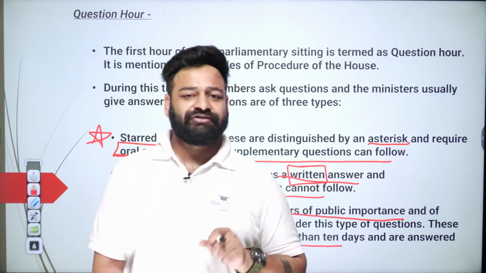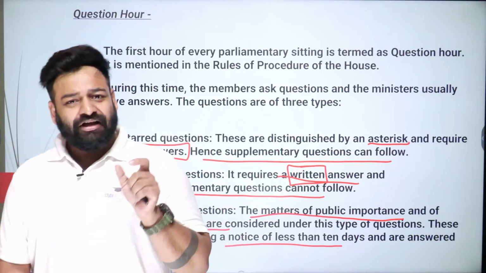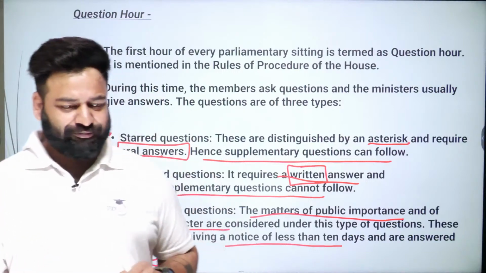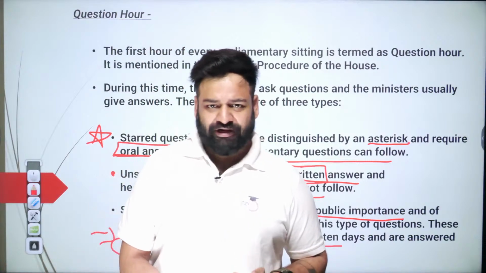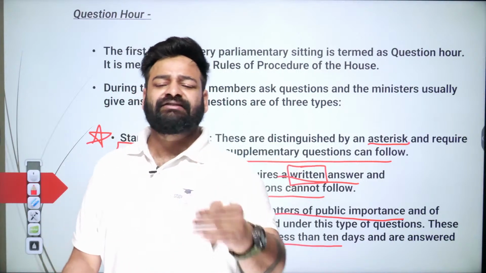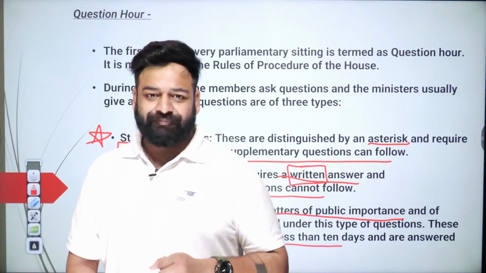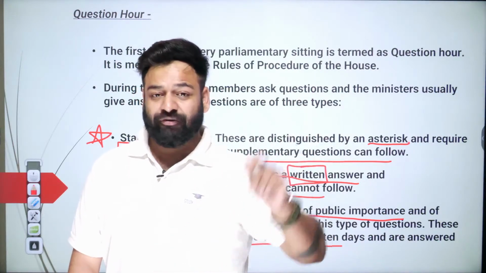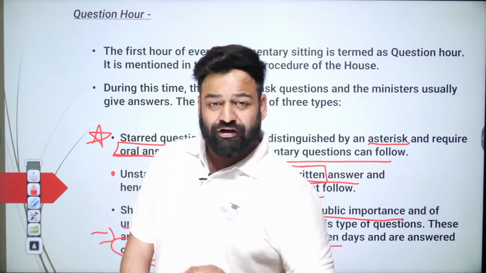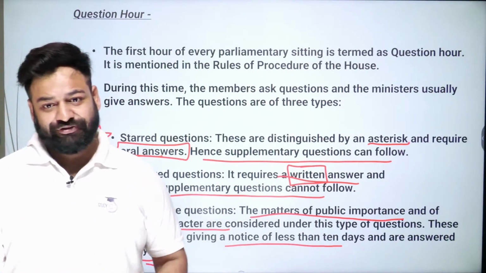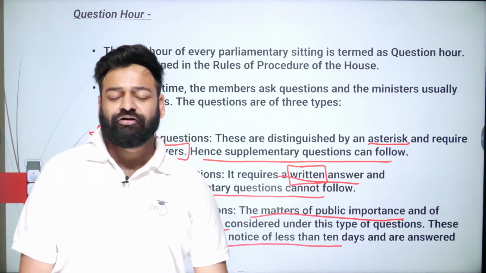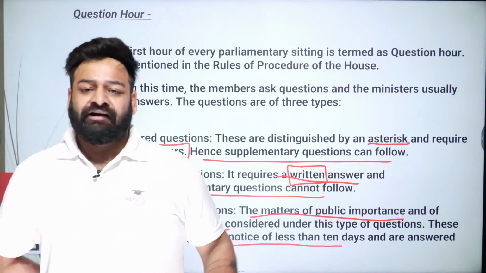So this is the supplementary question concept, because the discussion is going on in an oral note. But let's say we are having the written format of the answers. Obviously there shall be no scope left for supplementary questions, right? So this is the meaning of starred and unstarred questions.